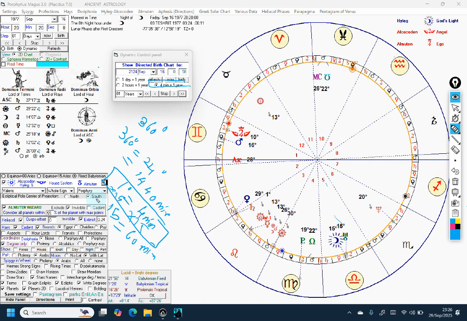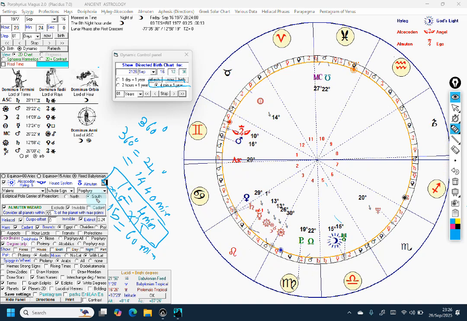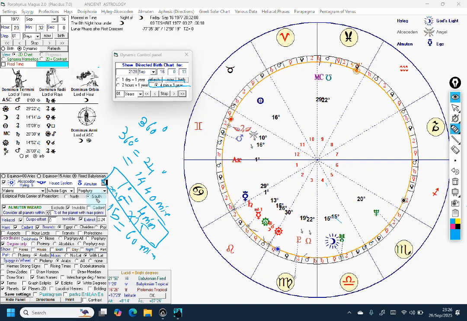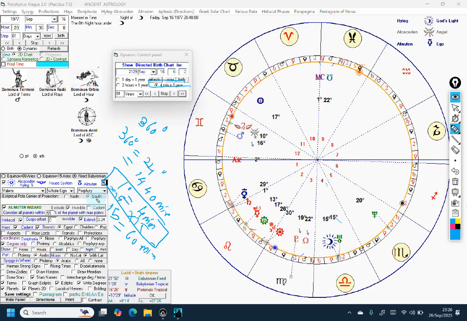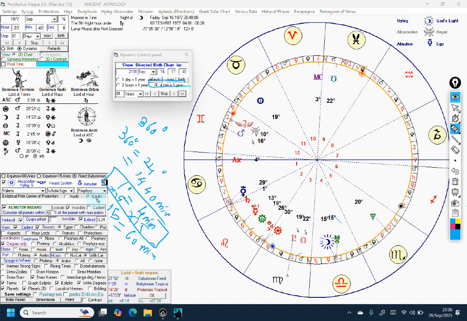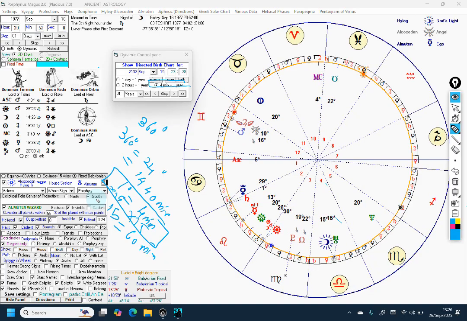So it is that freeze-frame position after an hour, and how that interacts with the main natal chart. That is the concept of primary directions. Of course, there is a lot to it, but I just thought I'd give you a glimpse of the ascendant moving through the terms.